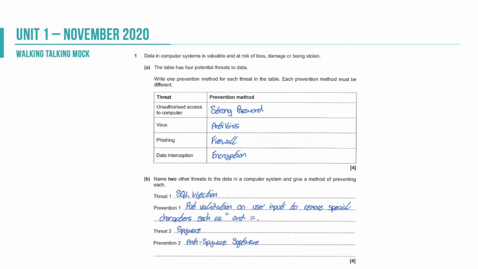We've got 4 marks to gain. We're going to gain 1 mark for naming the threat and another for explaining it. I've gone for SQL injection and we can prevent that through using validation on user input to remove special characters such as a speech mark or an equals. And then spyware, and spyware is nice and easy because the prevention is just anti-spyware software.